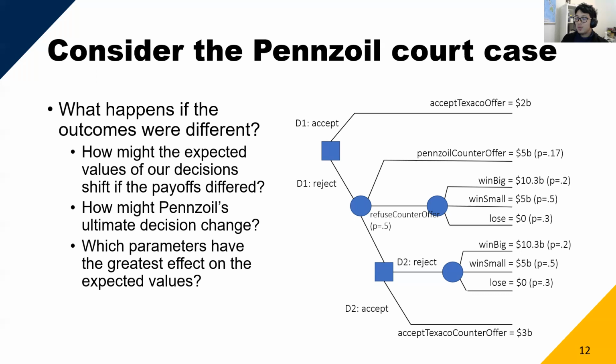So we can try and essentially mess with these values and see how the outcomes may actually shift if you change the payouts, or if you change some of the probabilities. So let's take a look first at changing the payouts.